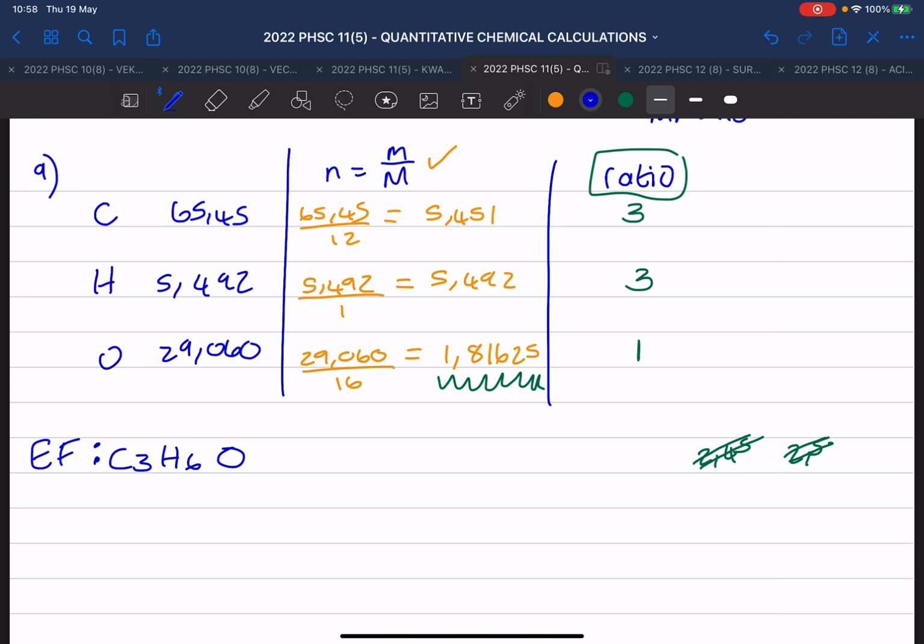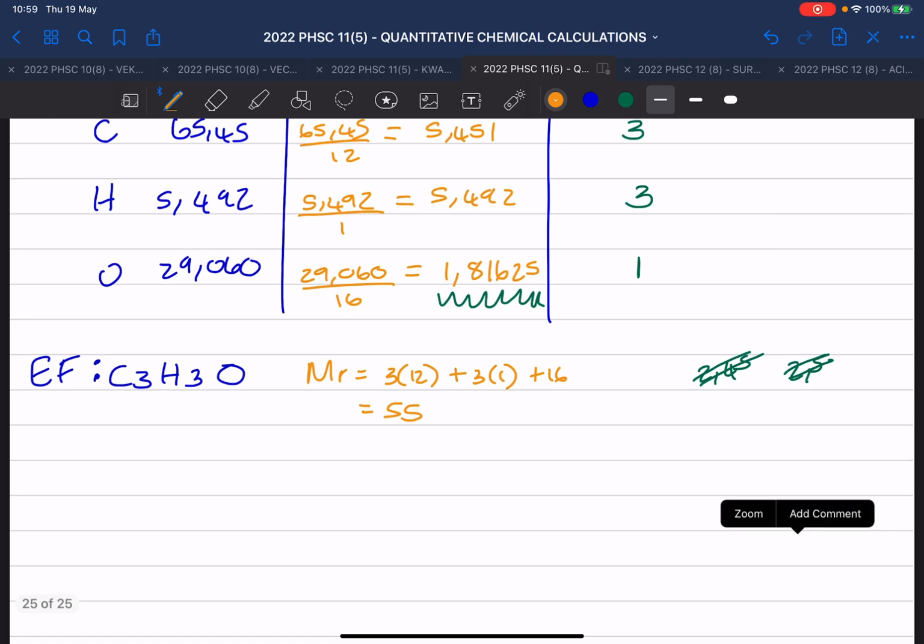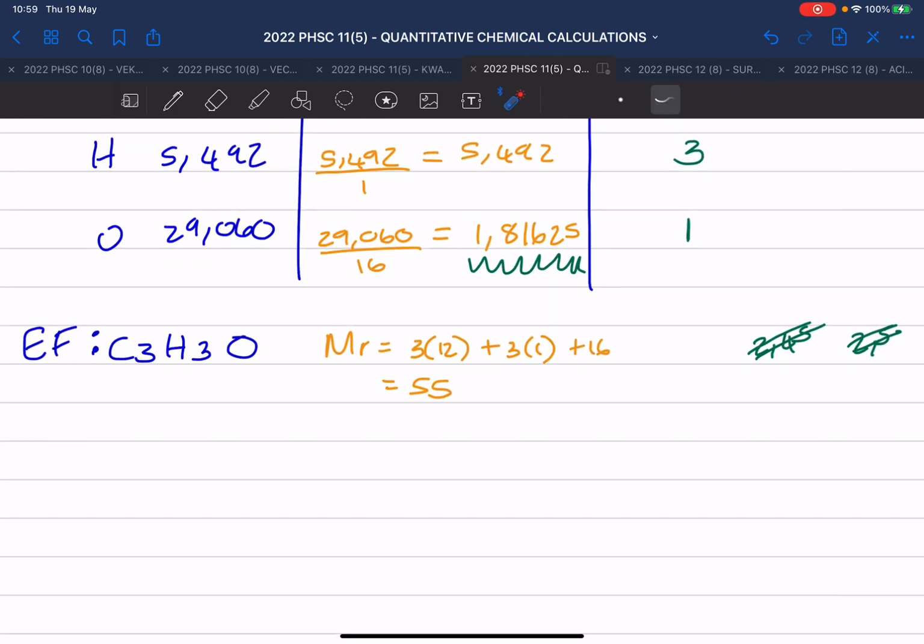So what you do is you first go get the molar mass for that compound. Not 6, sorry, 3. So that is 3 times 12 plus 3 times 1 plus 16, and I think that gives you 55. Then that is the mass for the empirical formula.